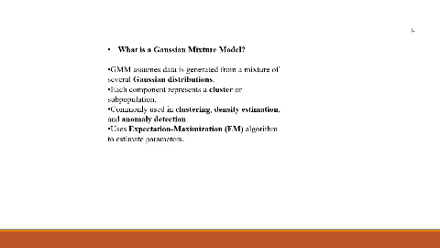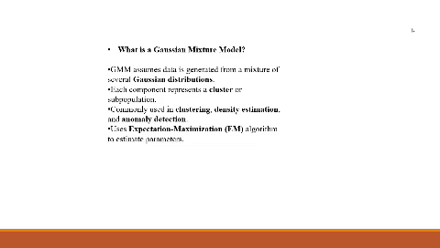A Gaussian mixture model assumes that our data is made up of a combination of several Gaussian distributions. Think of each one like a bell curve. Each of these distributions or components represents a cluster or group in the data. GMMs are most commonly used in clustering, density estimation and anomaly detection, to estimate the parameters of these distributions such as their mean and variance.